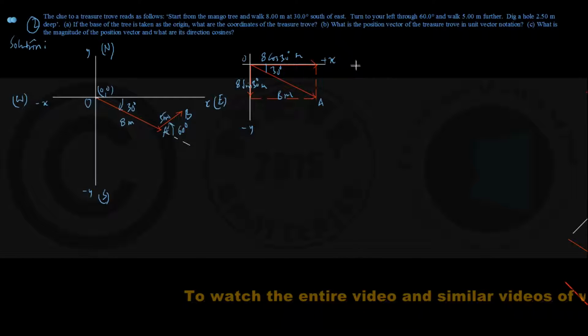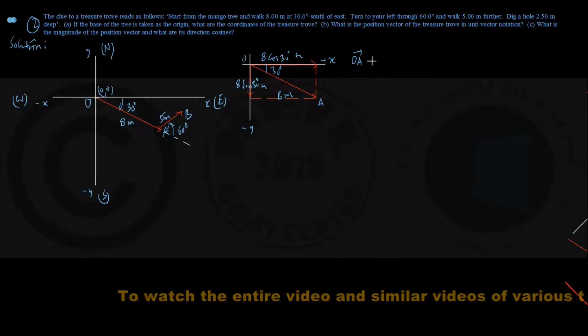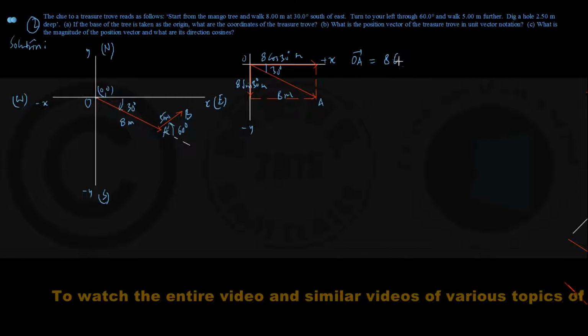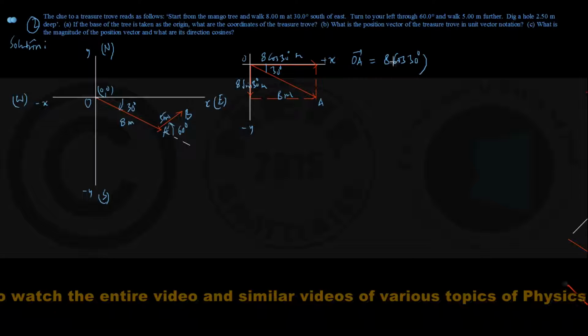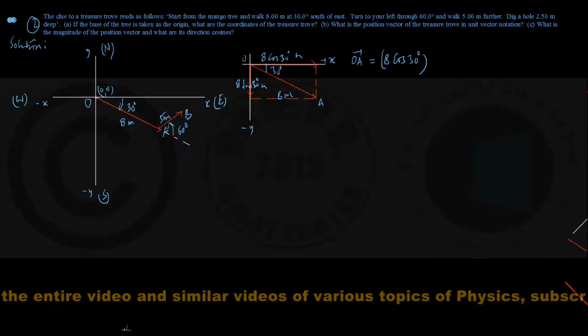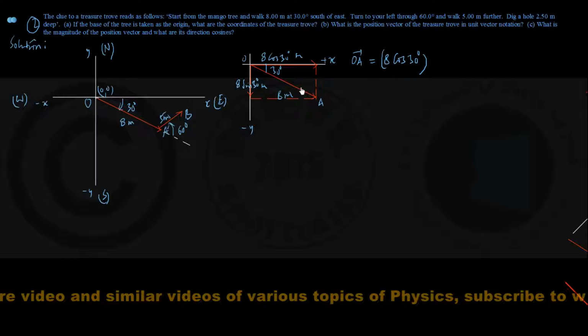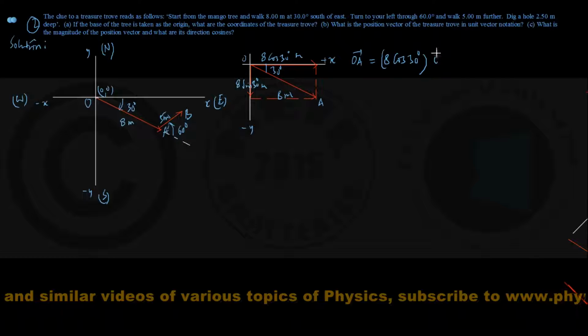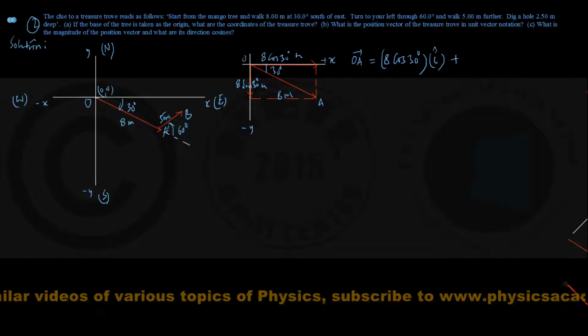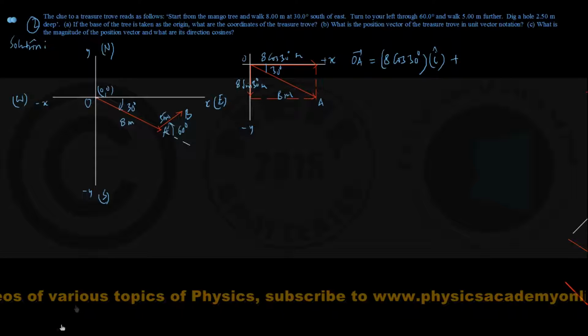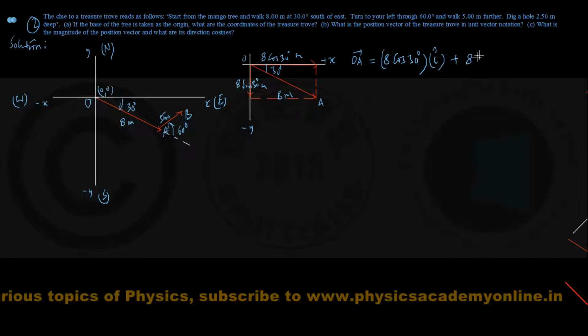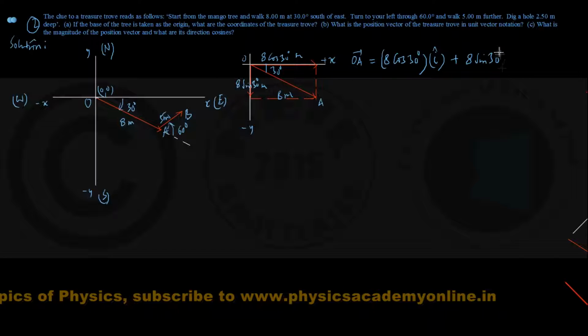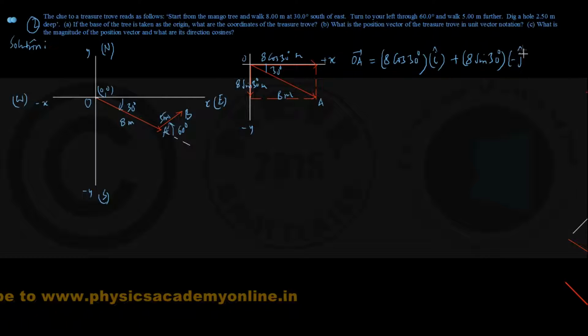Therefore, we might express the displacement OA vectorially as 8 cos 30 degrees, the magnitude of the x component, in the plus x direction, unit vector i cap, plus the y component, magnitude 8 sine 30 degrees, in the minus y direction, unit vector minus j cap, and this whole thing must be expressed in meters.